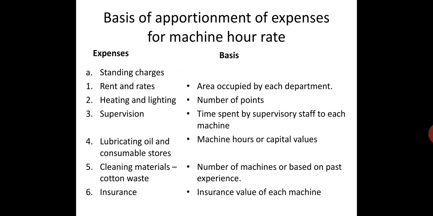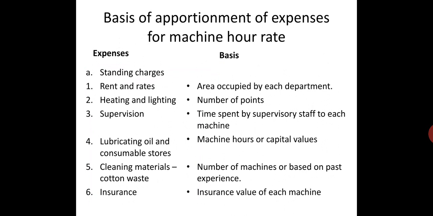standing charges. Rent and rates are apportioned on the basis of area occupied by each department. Heating and lighting, the base is number of points. Supervision, the base is time spent by supervisory staff on each machine.